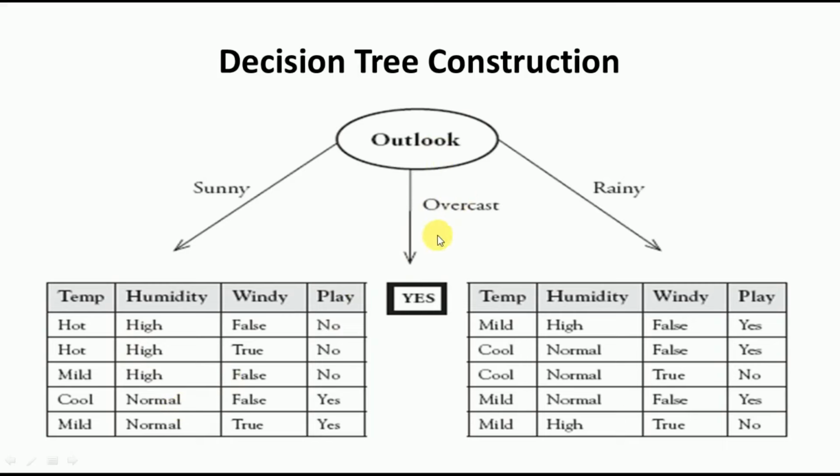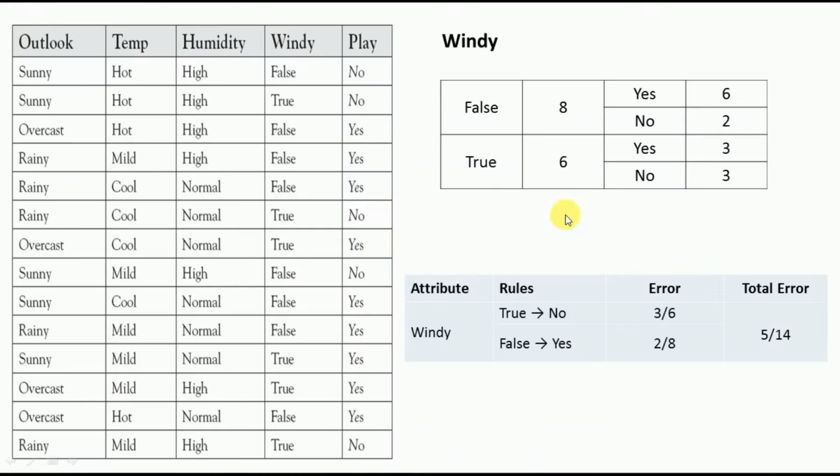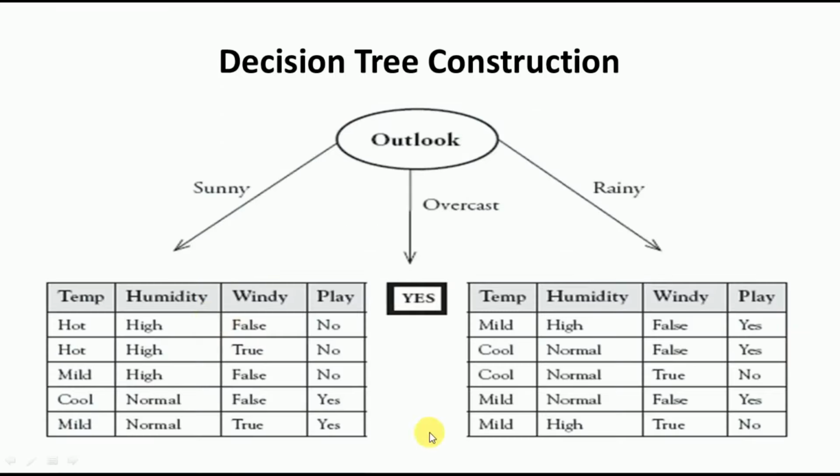When outlook is equivalent to overcast, we are getting the final answer, there is no question over it. But when outlook is equivalent to rainy, we need to consider it. For example, whenever outlook is equivalent to rainy, these 3 things will come into picture. This is the 4th one, this is the 5th one. So total number of examples we get here is only 5. Similarly, whenever outlook is equivalent to sunny, we will get only 5 examples here.